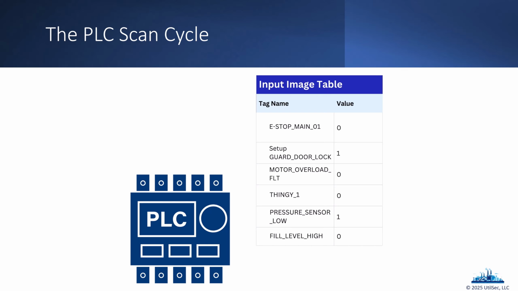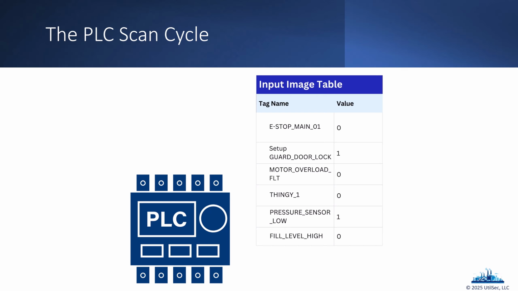But on the back end, when the developer actually programmed that controller, they assigned names or tags to each of those values in memory that we can read from and write to.